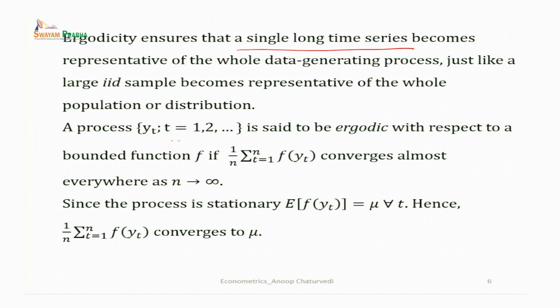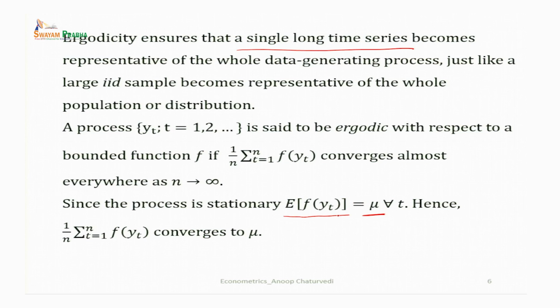So, a process y t is said to be ergodic with respect to a bounded function, say f, if 1 upon n summation f y t converges almost everywhere as n tends to infinity. Now, by stationarity, we ensure that expectation of f y t, say, is equal to mu. The distribution does not change, so if you take expectation, expectation also does not change.